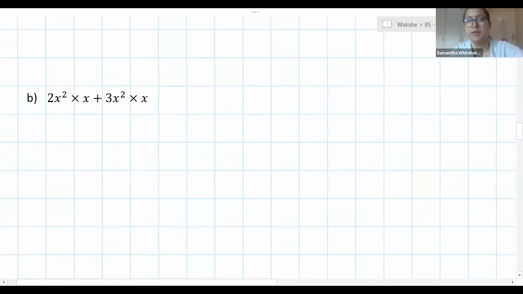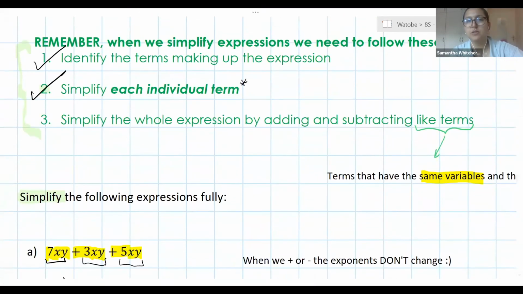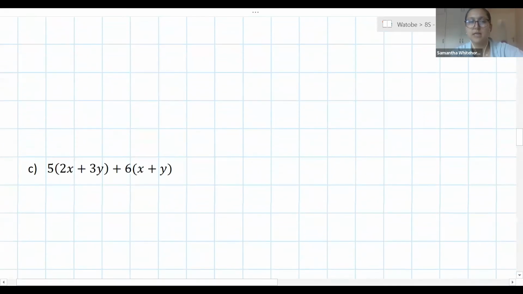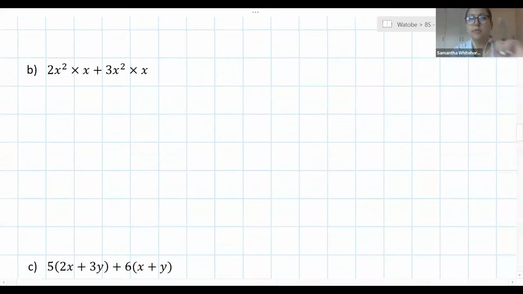Okay, so remember, terms are separated by plus and minus signs. So have a look at question B again. How many terms do I have here if terms are separated by plus and minus signs?